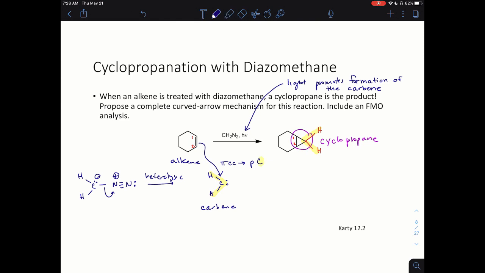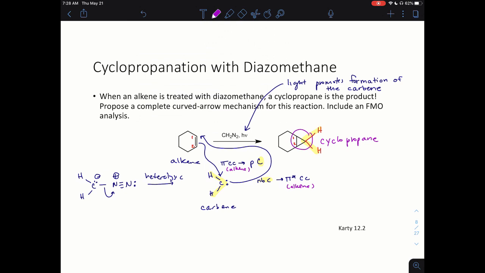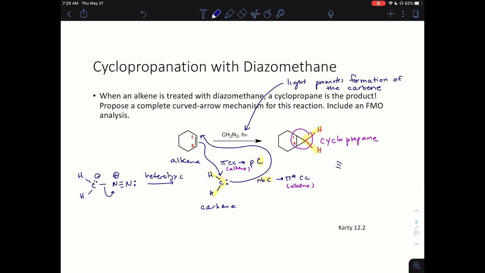And then you have the carbene attacking back: the lone pair of the carbene attacking pi star CC of the alkene. Because both of these interactions happen at the same time, both bonds are formed at the same time. So you see those 2 bonds formed, 1 to each of the carbons of the alkene. Draw the nice pretty product again. Okay, that's it. Easy peasy.